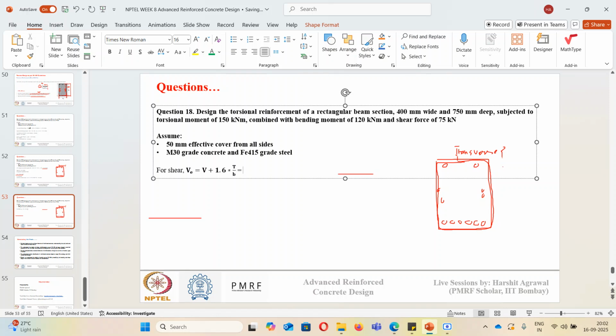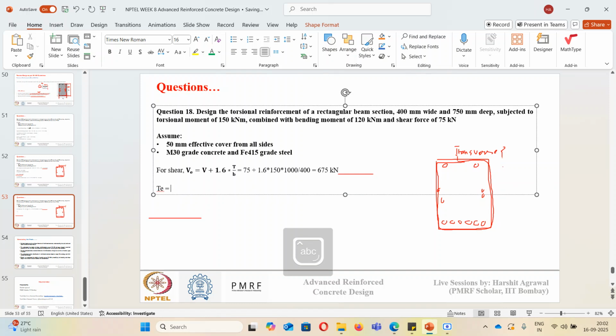So it is equal to 75 plus 1.6 times T, which is 150 into 1000, just to convert kilonewton meter into kilonewton mm, divided by b, which is 400 mm. This will give me a value of 675 kilonewton. From this I can calculate tau_e equal to Ve upon bd. It will come out to be 2.411 MPa.